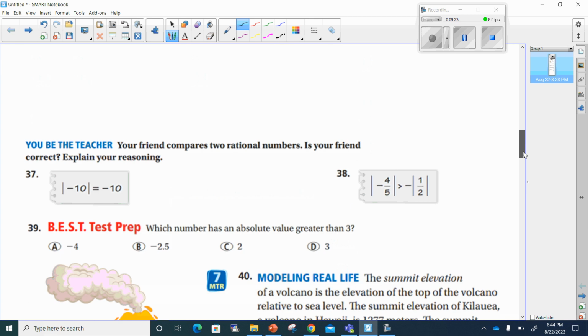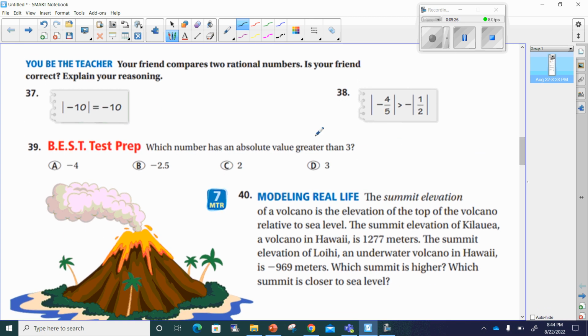Let's go on to number 37. Your friend computes 2 rational numbers. Is your friend correct? Explain the reasoning. He said negative 10. The absolute value of negative 10 is negative 10. That is absolutely wrong, all right?